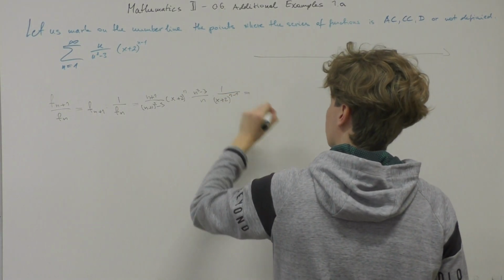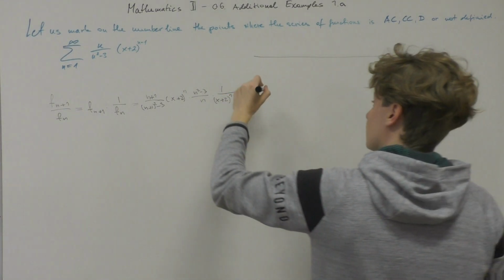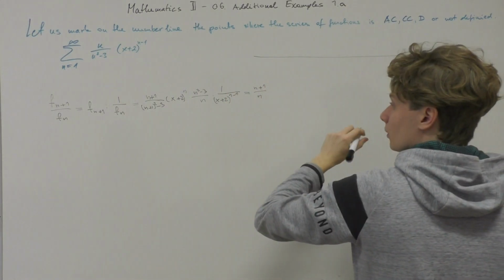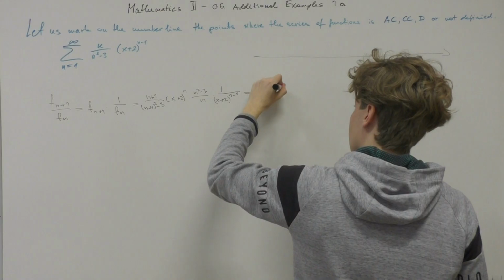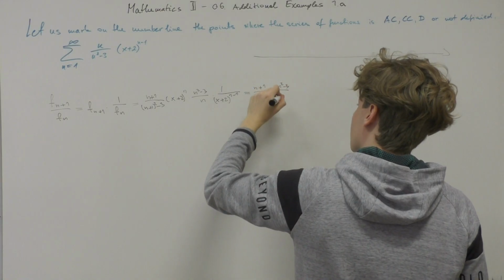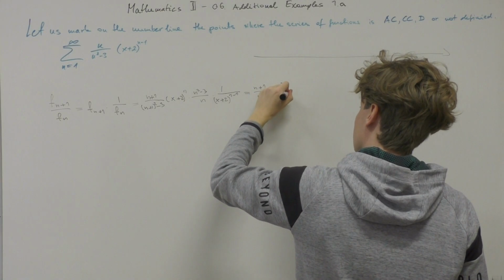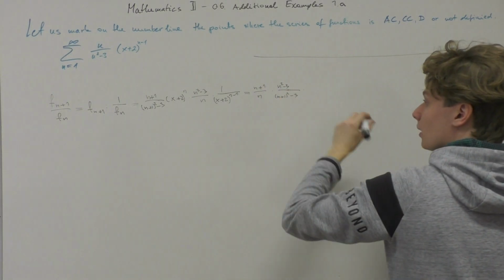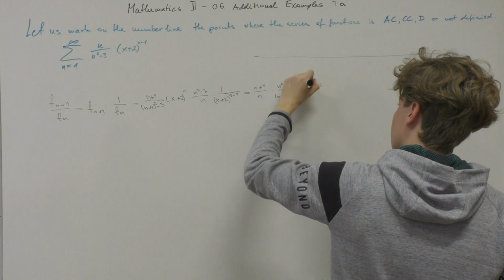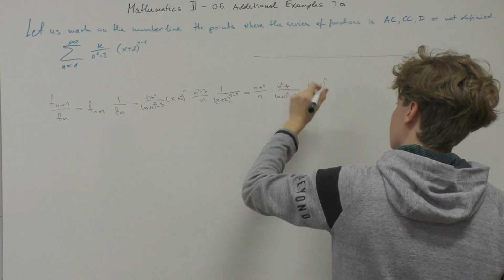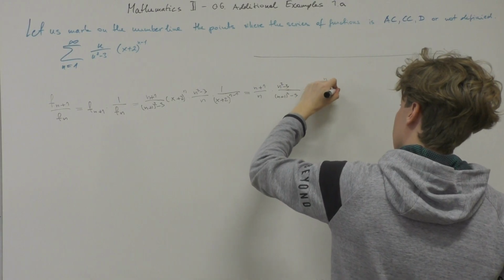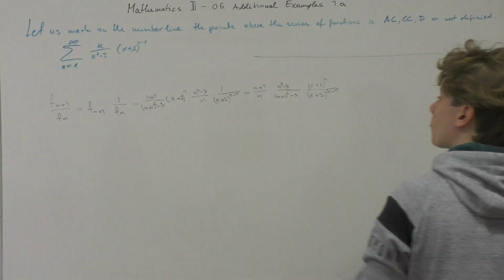Now let's combine similar terms. We have (n+1) over n times (n^2 - 3) over ((n+1)^2 - 3) times (x+2)^(n+1) over (x+2)^n.